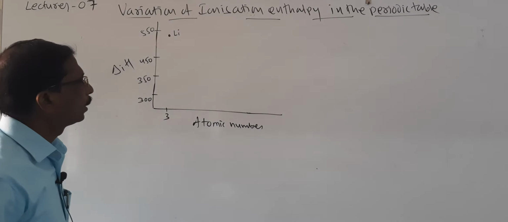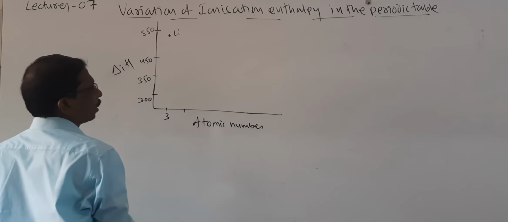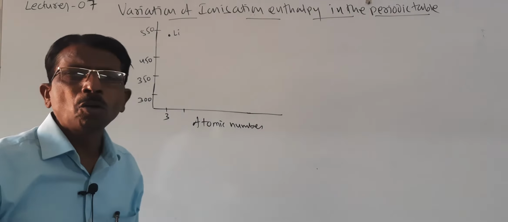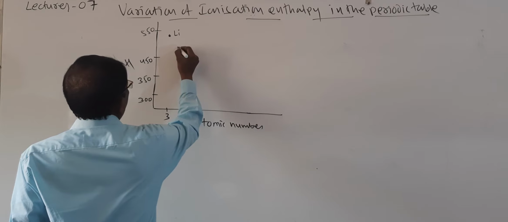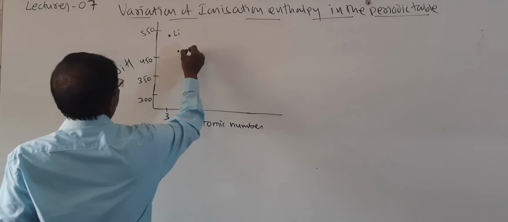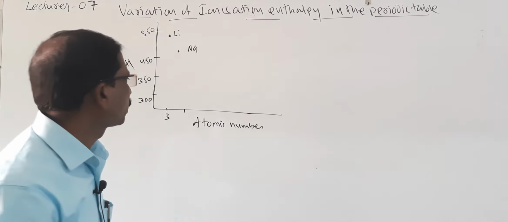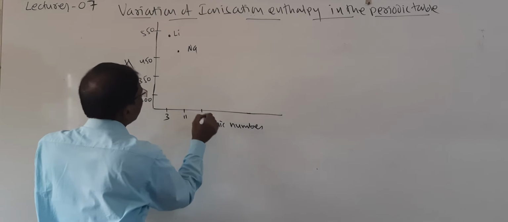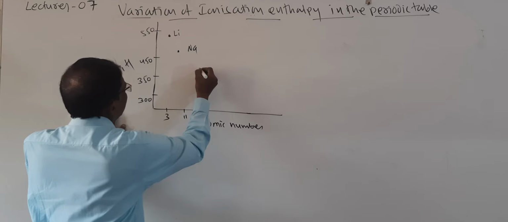And then the next one, sodium, whose atomic number is 11, and we know sodium is 496 kilojoules per mole. After sodium comes potassium, atomic number 19, so here you will get near about 419.